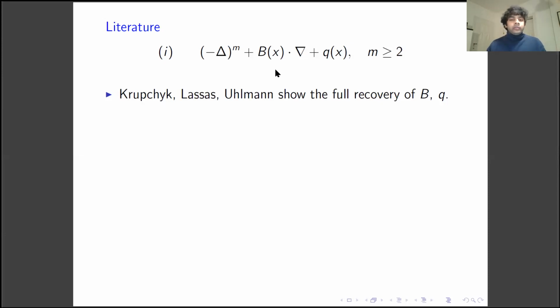I just mentioned before that m greater or equal to 2 is important, because for m equals 1, it fails. Their proof shows that you have the full recovery of B and Q, and that opens up a lot of work.